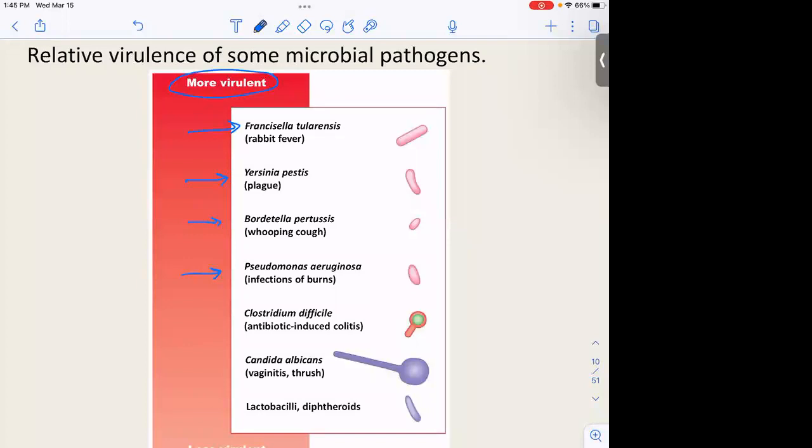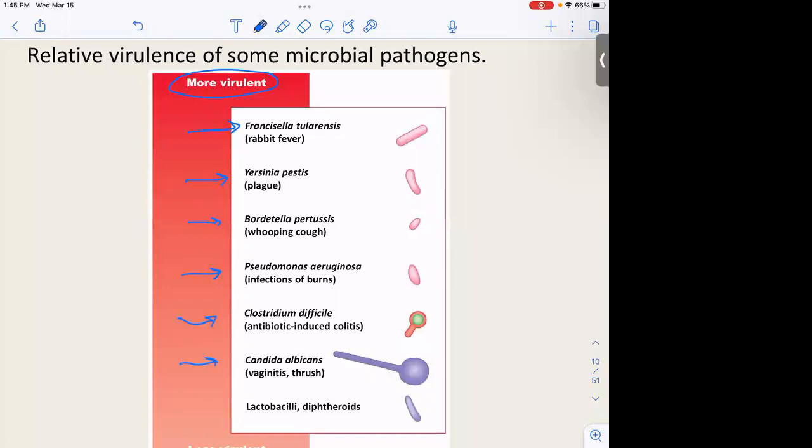I know I haven't talked about that term yet, but if you are exposed to it in the right amounts, then it would get you sick. Good. C. diff, another one that's not likely to make you sick unless the circumstances are just right. Same thing with the yeast candida.